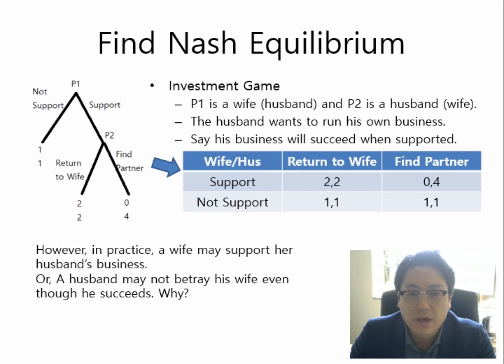So here are two players, player 1 and player 2. Usually, player 1 refers to a wife and player 2 is her husband. Maybe you can exchange it, vice versa. So anyway, the husband wants to run his own business.